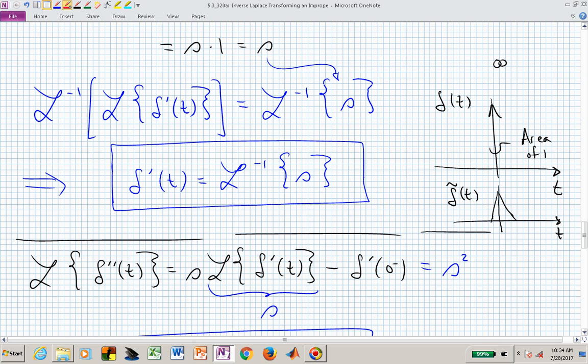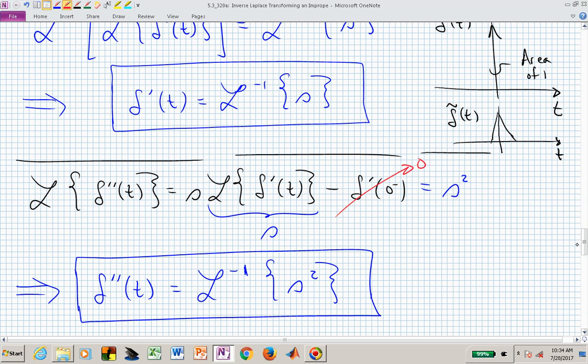This disappears, and we're left with s times s, or s squared, as the Laplace transform of the second derivative of an impulse. If we do the inverse Laplace transform of both sides, s squared in the time domain becomes the second derivative of the impulse.